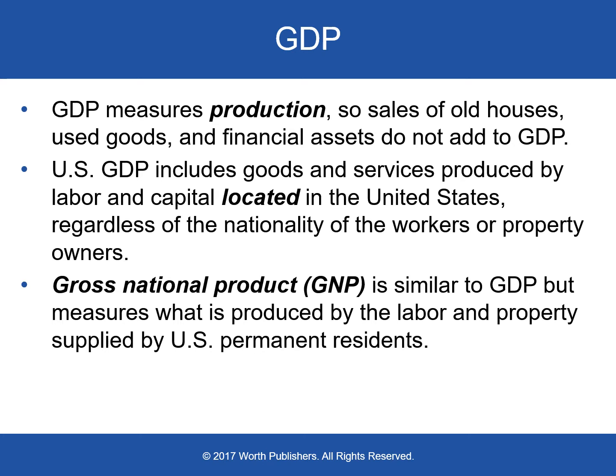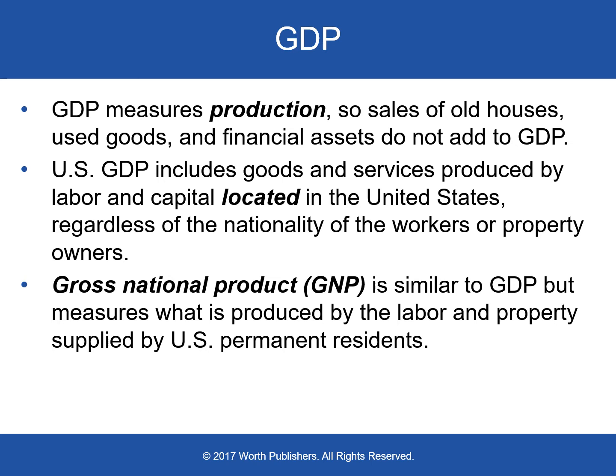And as I mentioned, the US GDP includes goods and services produced by labor and capital located within the United States. We talked about that before. There's another concept called gross national product that's similar to GDP that also includes what's supplied by US permanent residents.